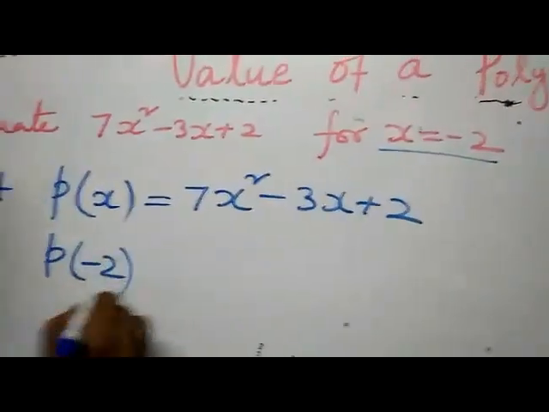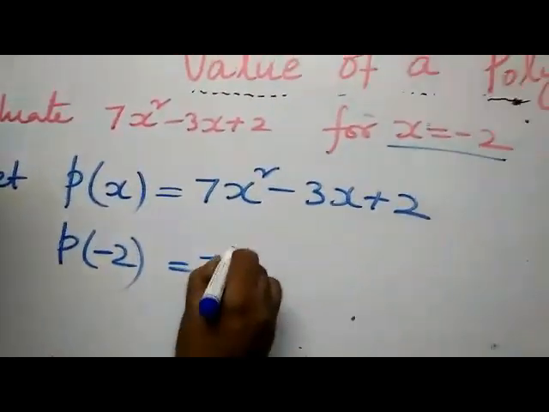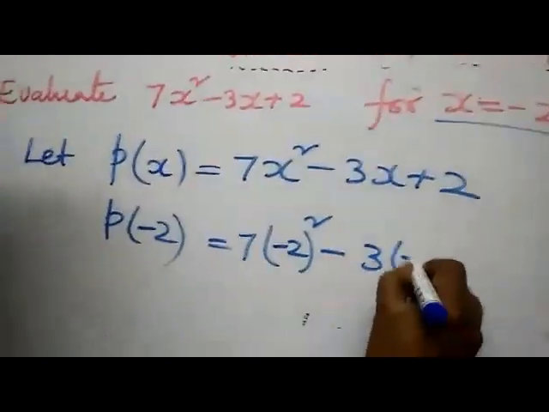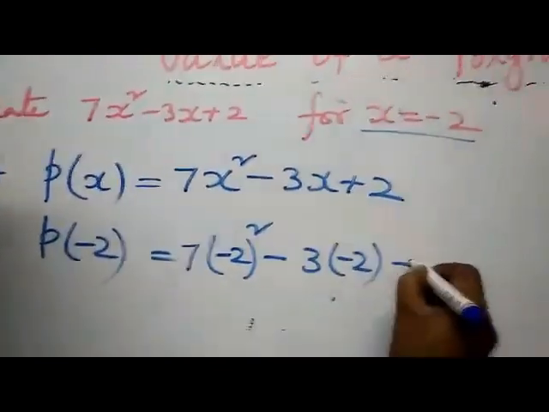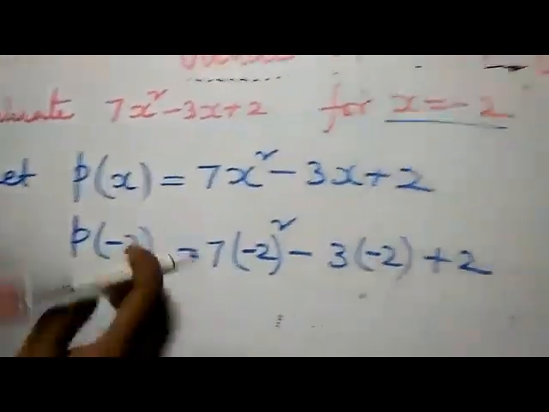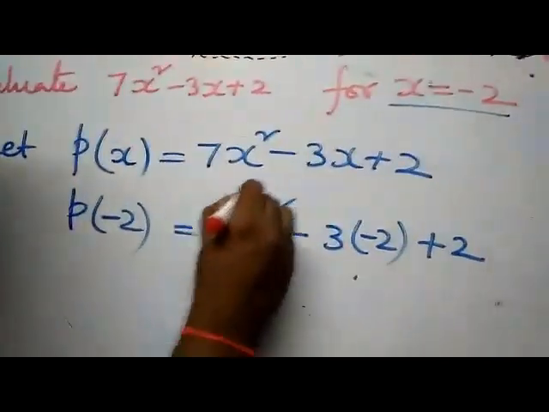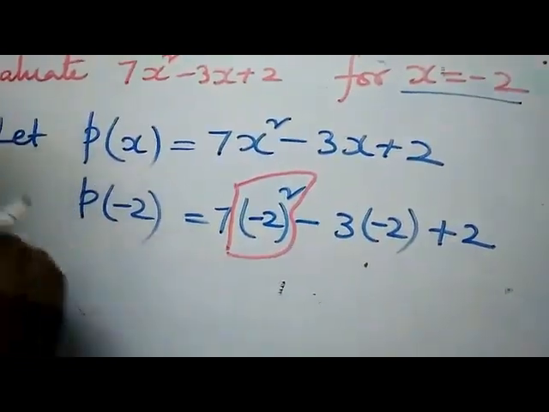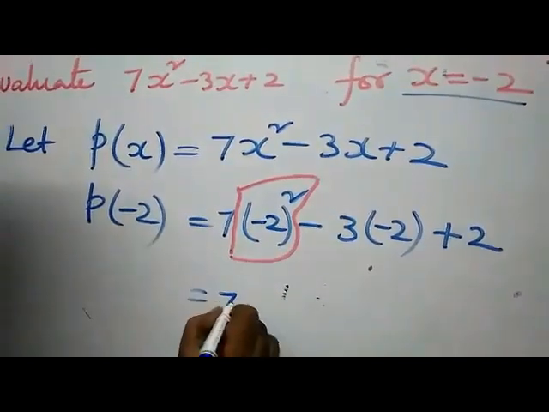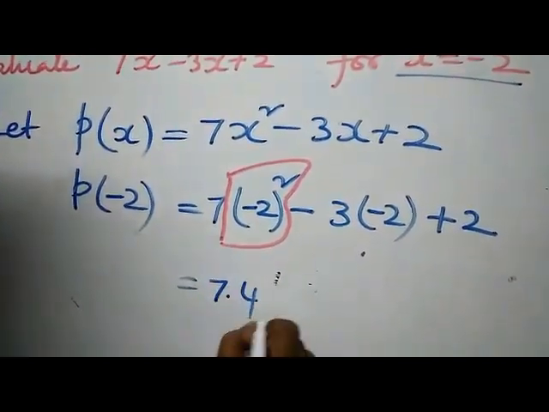P of minus 2 is equal to 7 into minus 2 whole square, minus 3 into minus 2, plus 2. First of all, we should simplify this part. Minus 2 square value is 4, so 7 into 4.